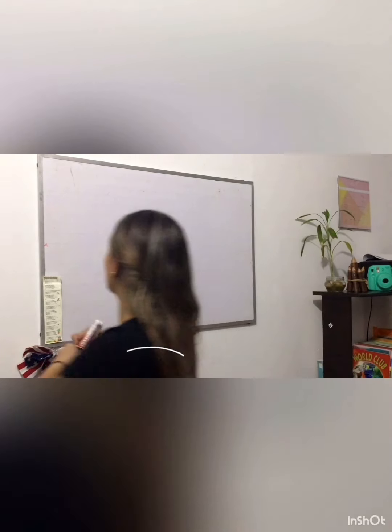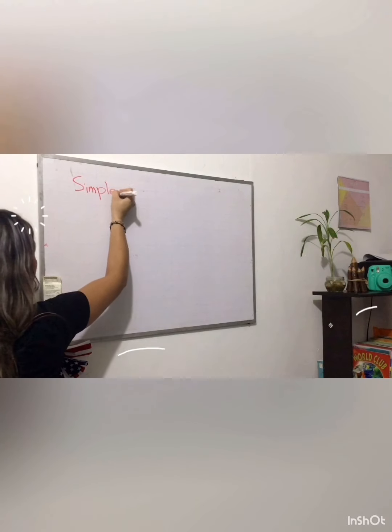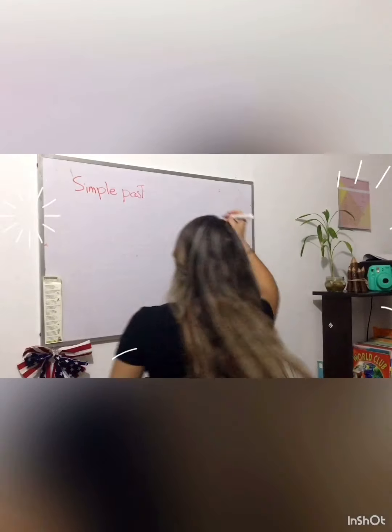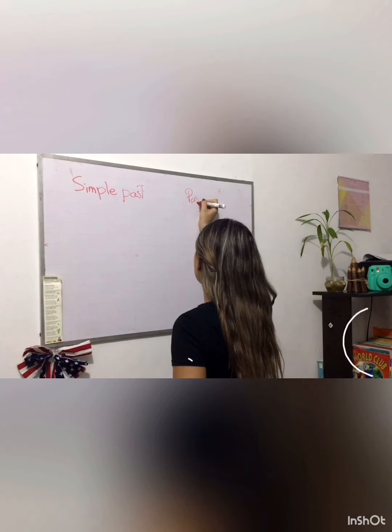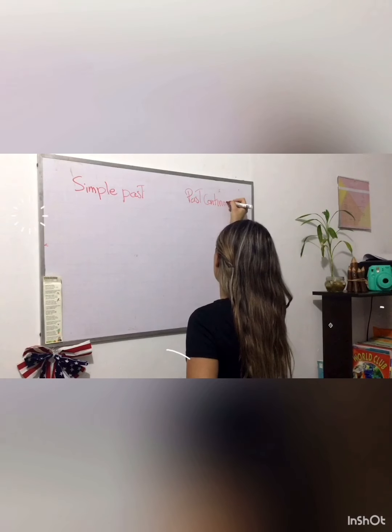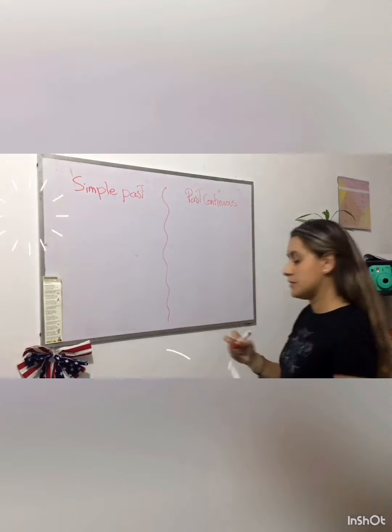You need to have negatives, you need to have positives, and you need to have questions, right? Okay, so let's do it. Simple past, and then we have past continuous. Right? Then let's do this.